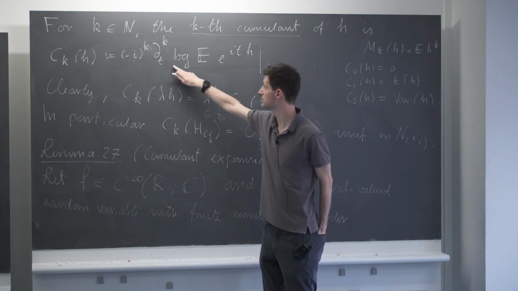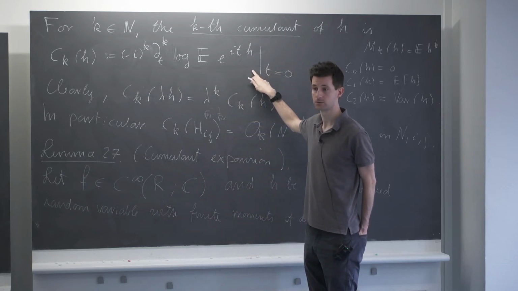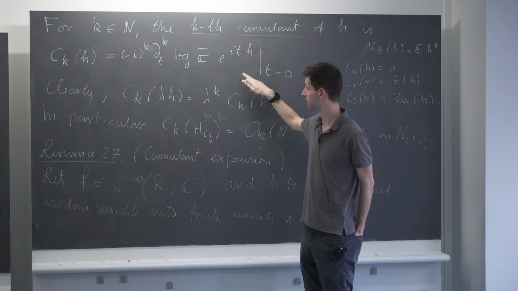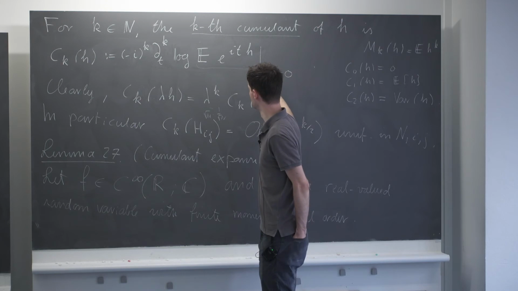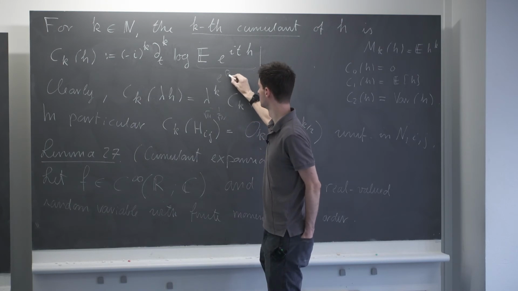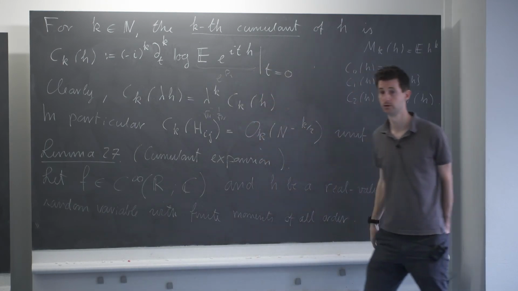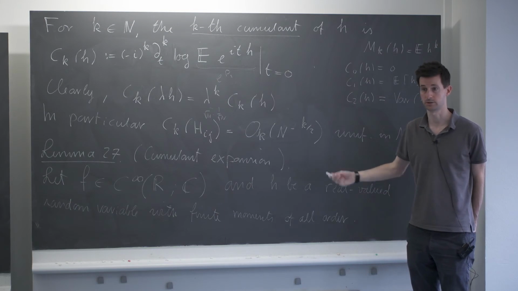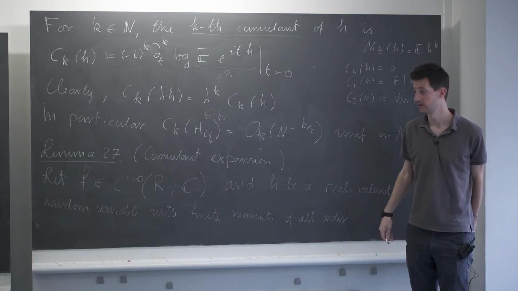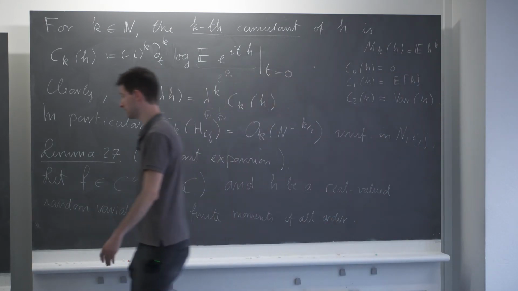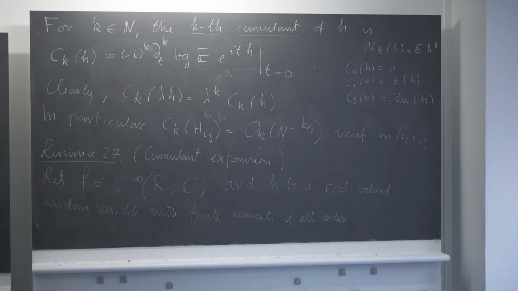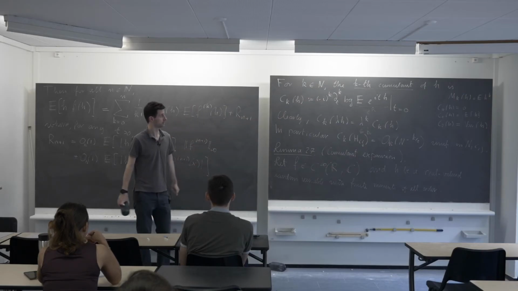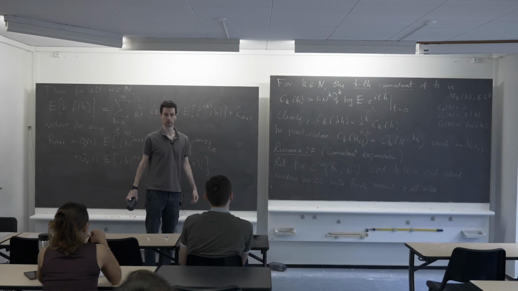Because it means that this must be a polynomial of degree at most 2. And therefore, this thing must be the exponential of a polynomial of degree at most 2. And that's just the Gaussian. So the Gaussian is uniquely characterized as the distribution on the real line whose cumulants vanish beyond order 2.